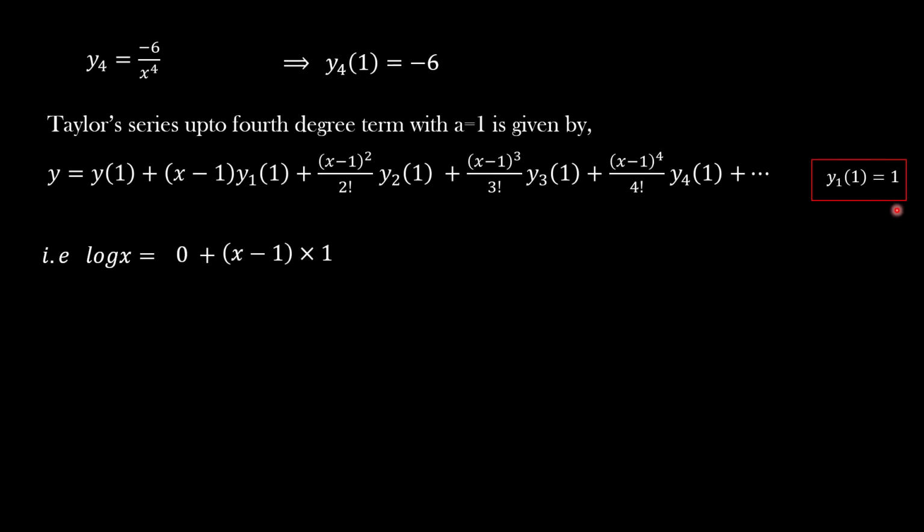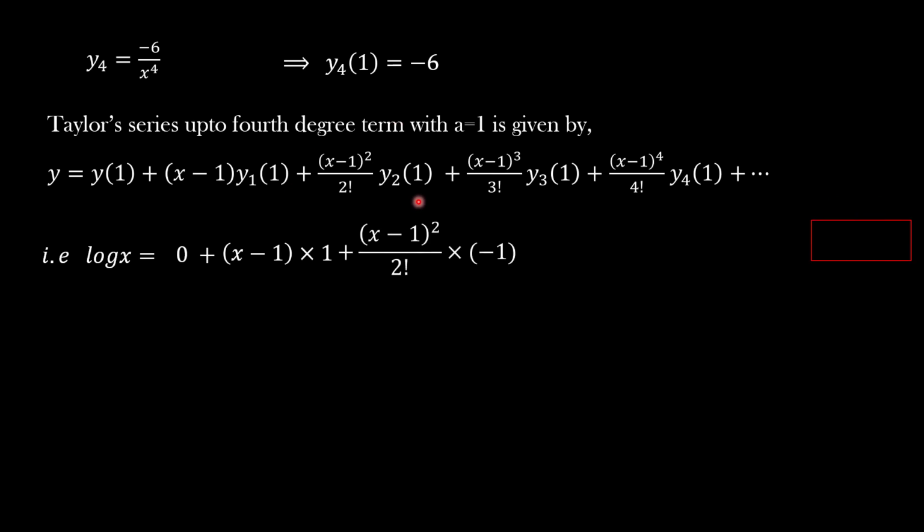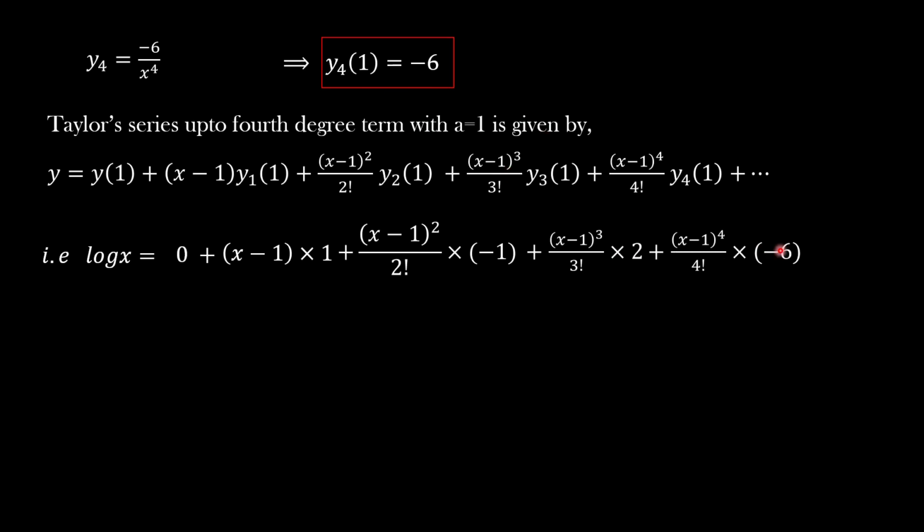Substitute 1, plus (x minus 1) whole square by 2 factorial into y2 of 1. y2 of 1 value is minus 1, plus (x minus 1) whole cube by 3 factorial into y3 of 1. y3 of 1 value is 2, plus (x minus 1) whole to the power 4 by 4 factorial into y4 of 1. y4 of 1 value is minus 6.